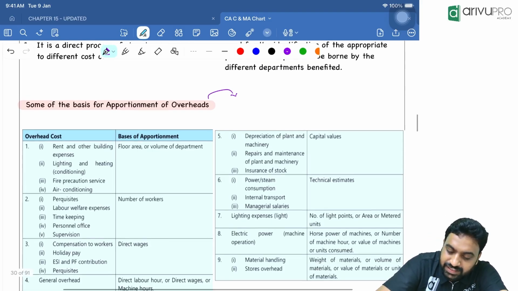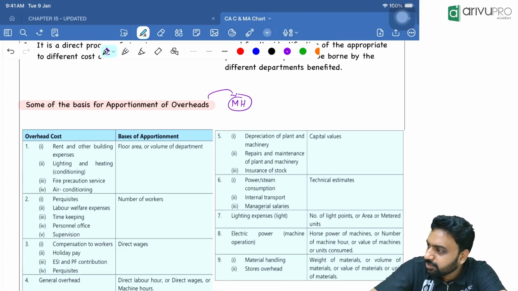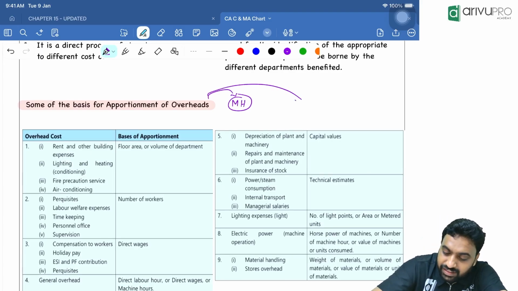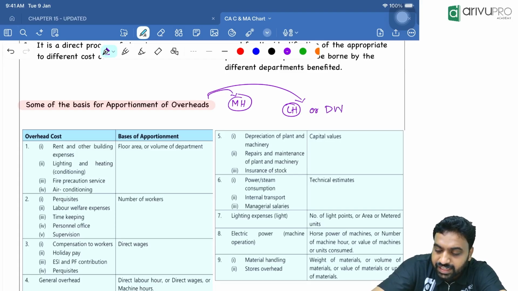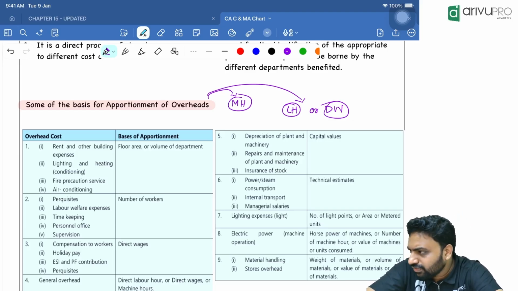If it's machine intensive, then those general expenses you divide on machine hour basis. If it is labor intensive, then divide it on labor hour basis. If the question has no labor hours, then you can divide it on direct wages basis. General things always remember, absorption or allocation or apportionment: generally we'll prioritize machine hours, followed by labor hours and labor wages.